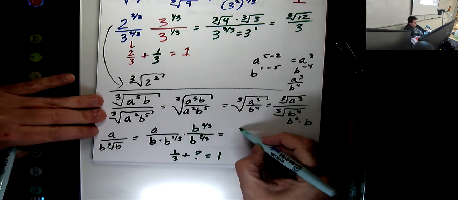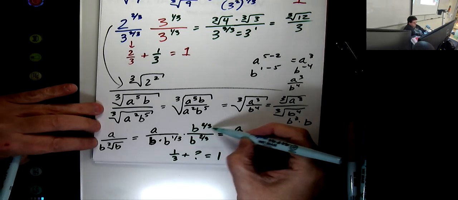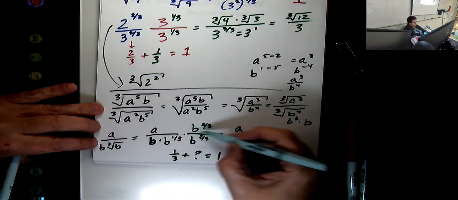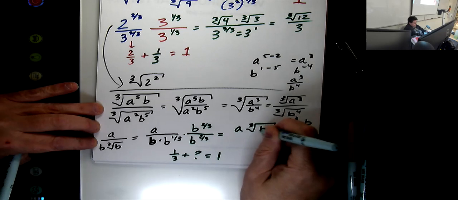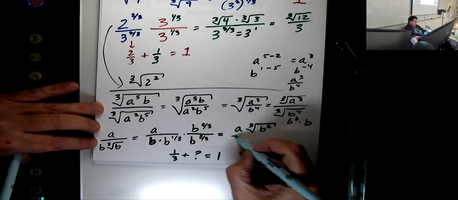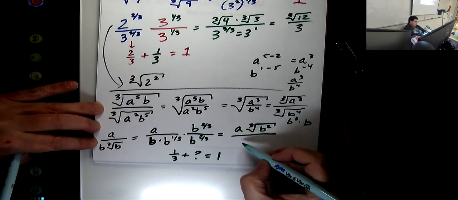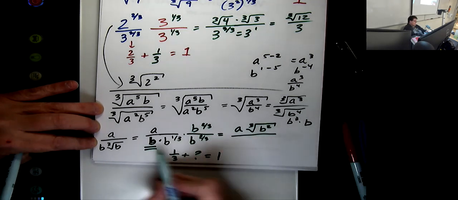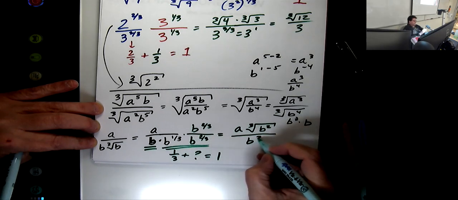So I'm going to have a, and then this doesn't do anything. I'm going to shift it to the radical form. The radical form is the 3 is the index, and I've got b squared. Now, I already had one b, and now I've got another b. I have a b squared on bottom.